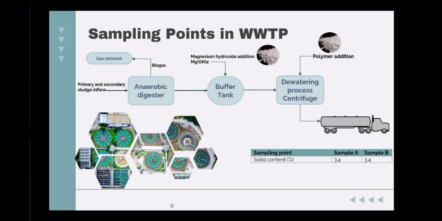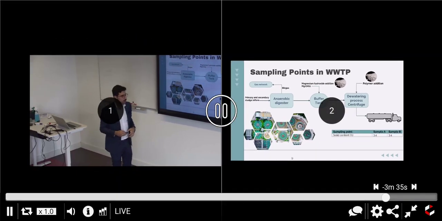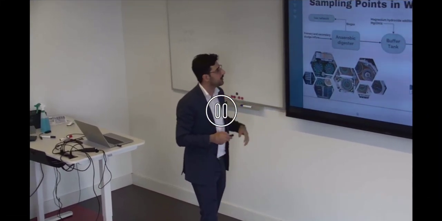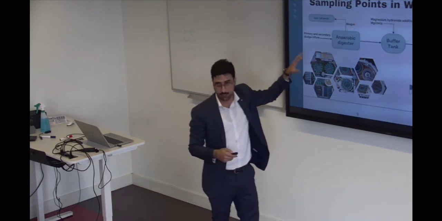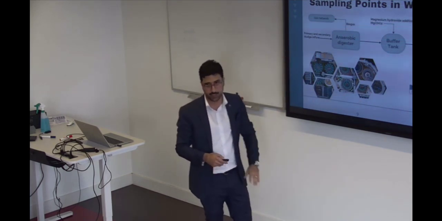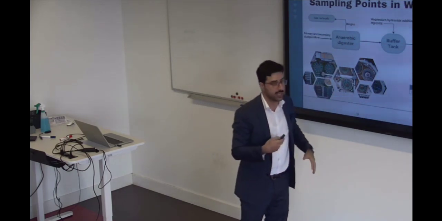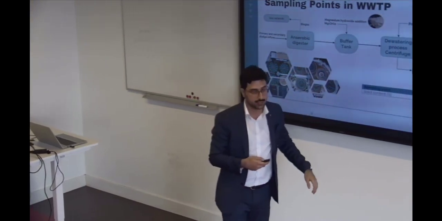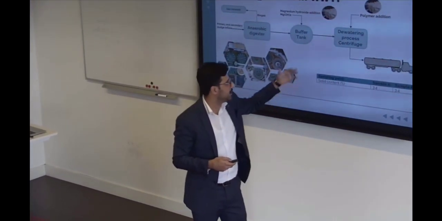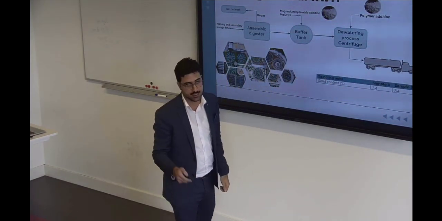In the settling tanks you get some solids, and then the liquid goes to the water treatment. From the solids we get some biogas that is distributed to the network, and then we have a buffer tank where we add magnesium hydroxide, and then we go to the dewatering process, where we add polymers. After the dewatering we transport it to the drying and then incineration.